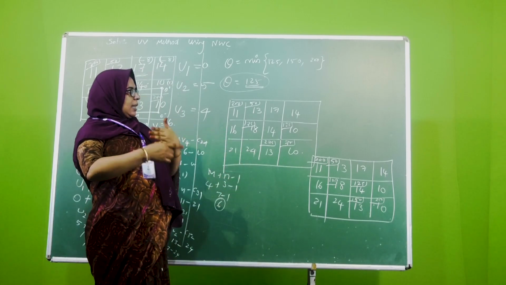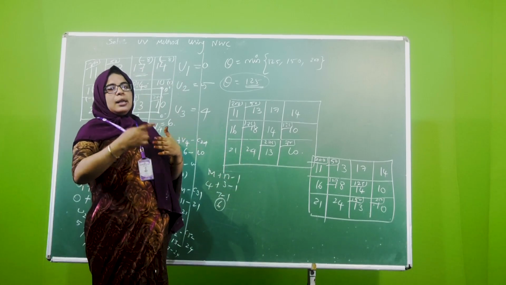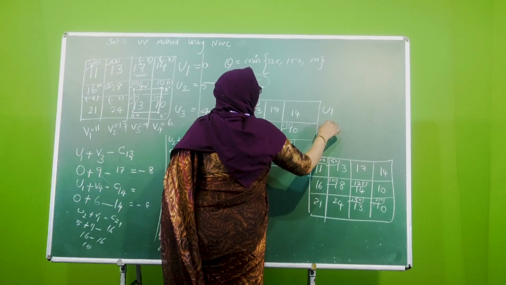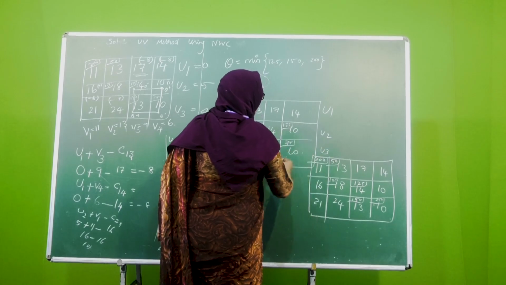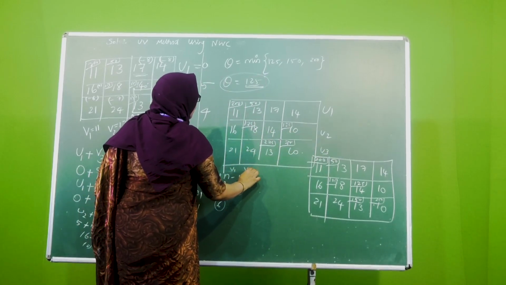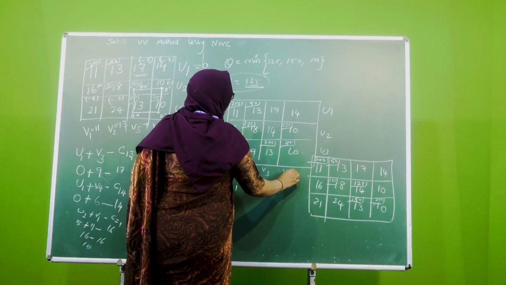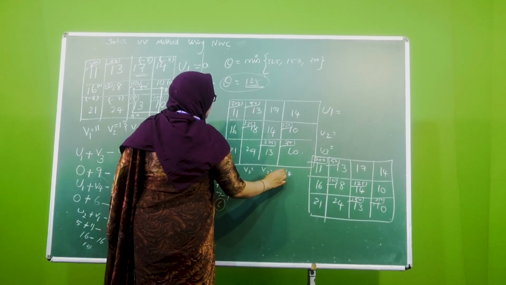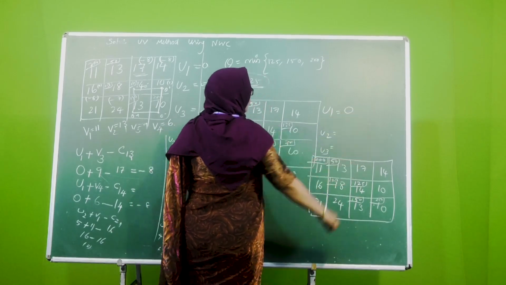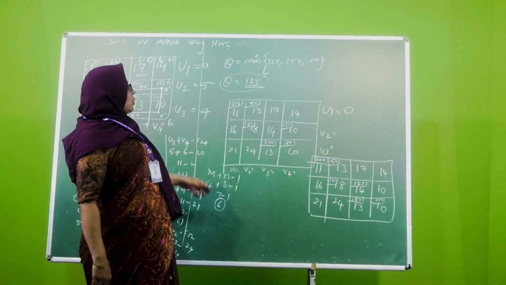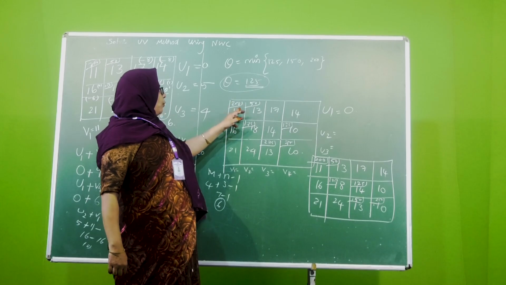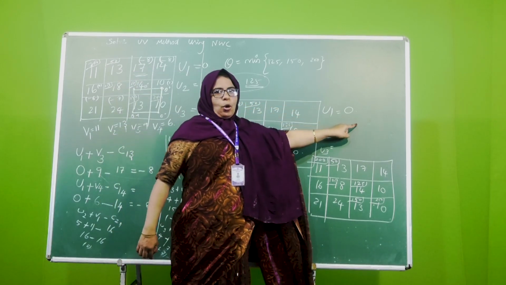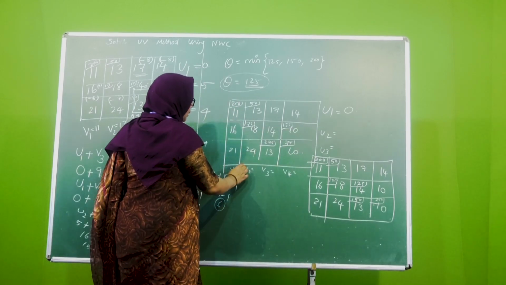Now using these repeated values, using the simultaneous equations, that is u1, u2, u3, v1, v2, v3 and v4, you have to assign u1 equal to 0. So what is the value for the original allocation? 11. So 11 minus 0 is 11.